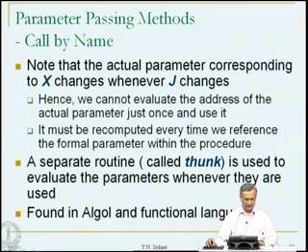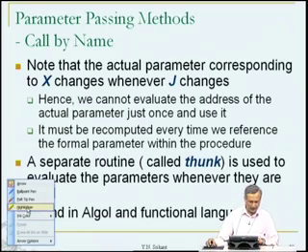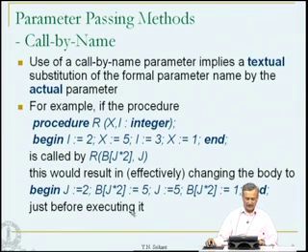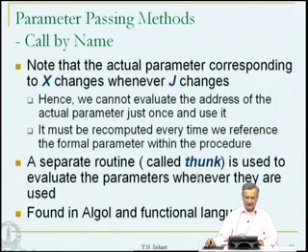So, for example, let us go one step before. So, for example, here is x and this is I, right. So, b of j star 2 is evaluated again and again, okay, and the old value is not used anymore. So, it must be recomputed every time we reference the formal parameter within the procedure. So, this evaluation of the parameter again and again whenever we require it is done by a separate routine called thunk.